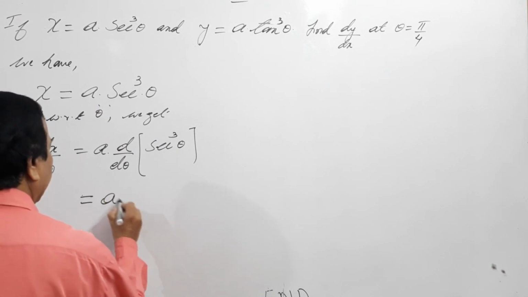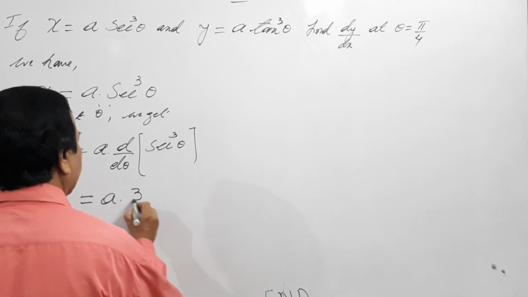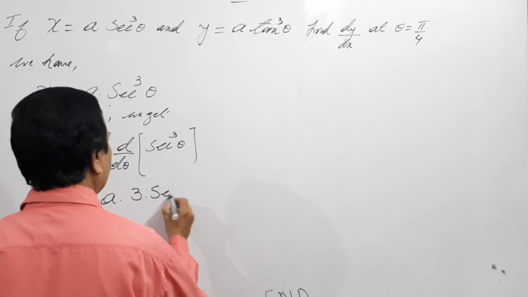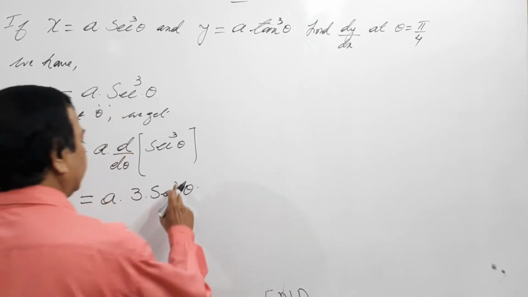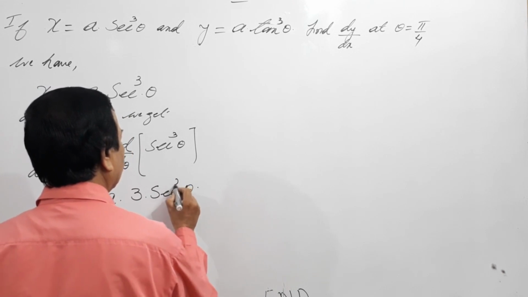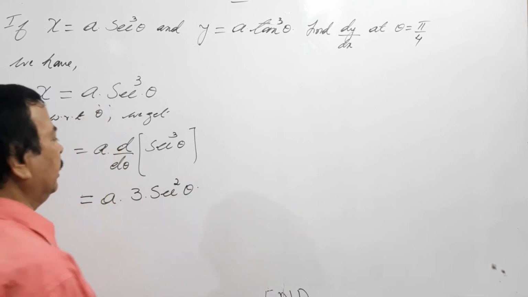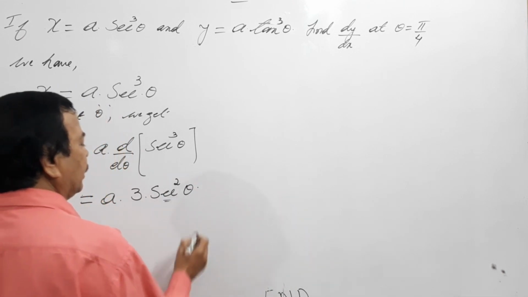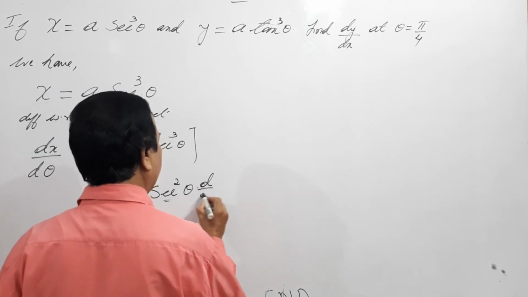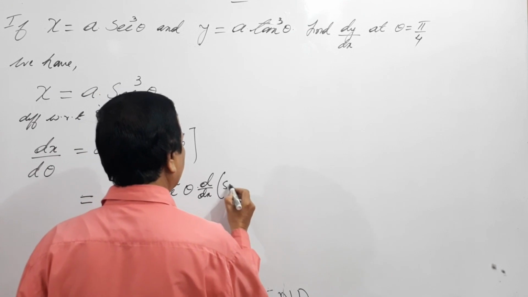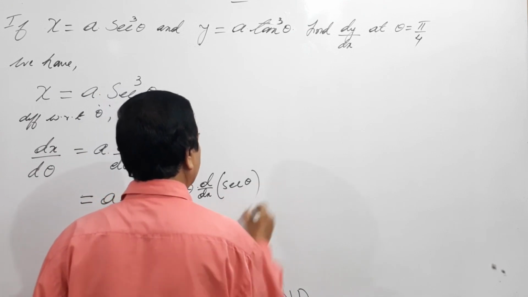I take this a outside, so this becomes 3 into secant square theta, and differentiation of secant theta, that is d by d theta of secant theta.